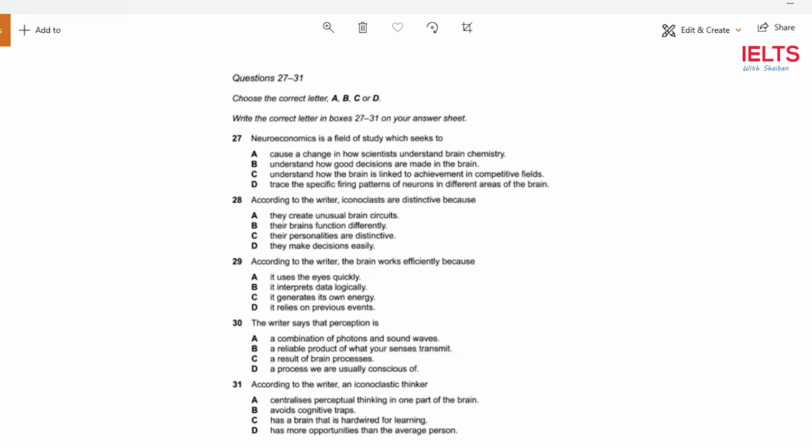Now, the other part of questions, we have the multiple choices, and these multiple choice questions always come like this: A, B, C, D, and the questions come in order.